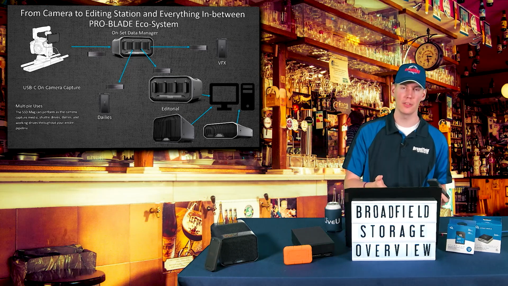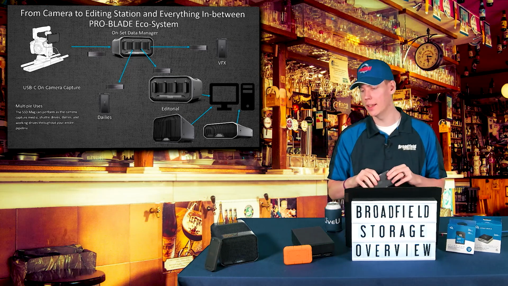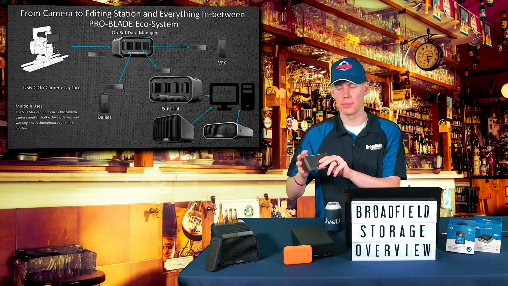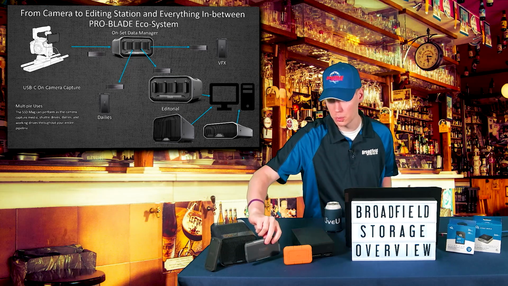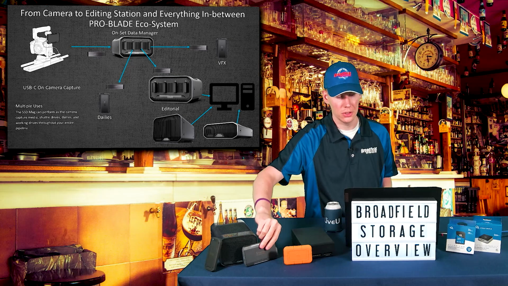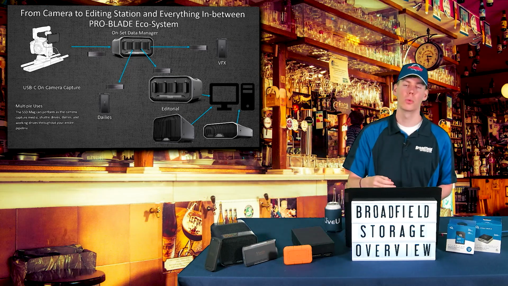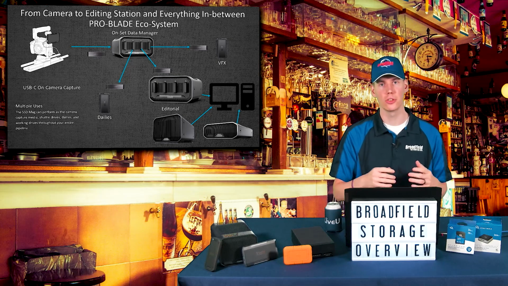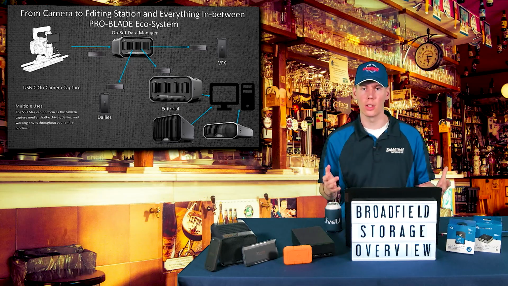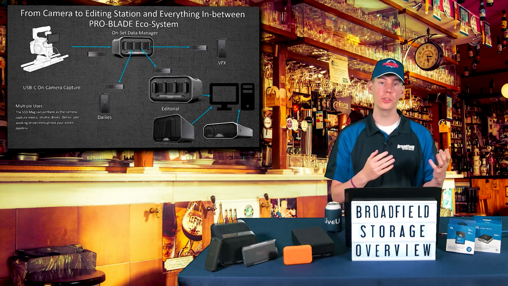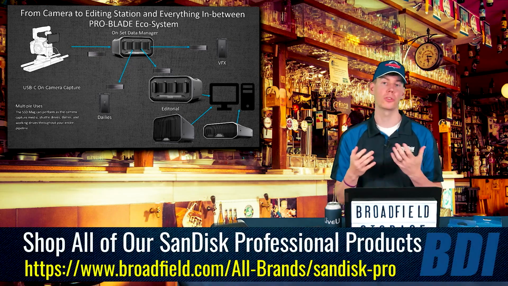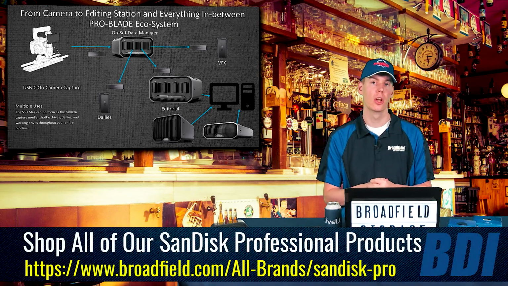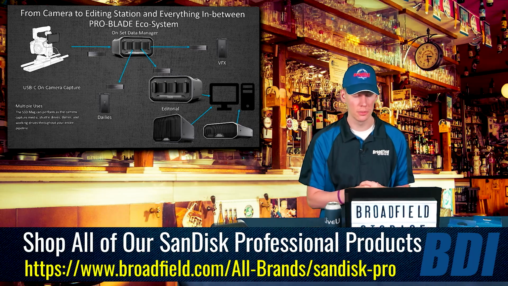And then when you get to your actual editing location, there's a couple different things that you can do when it comes to SanDisk. Actually, you can get the Pro Dock, which has 4 SSD mag slots on it, so you can use that kind of as a RAID system, or you can get a SanDisk Mirror or SanDisk Project, which we will talk about a little bit later.